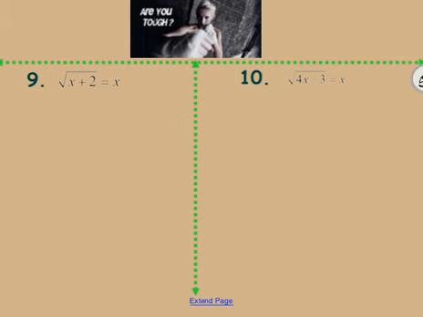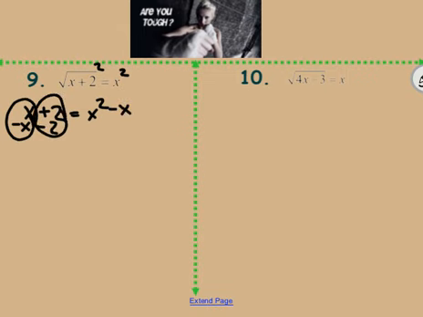We get square root of x plus 2. Alright, so that x plus 2 is by itself already. So I would argue this is x plus 2 equals x squared. You guys aren't going to like this because I would subtract the x, subtract the 2. I'm going to have 0 equals x squared minus x minus 2.